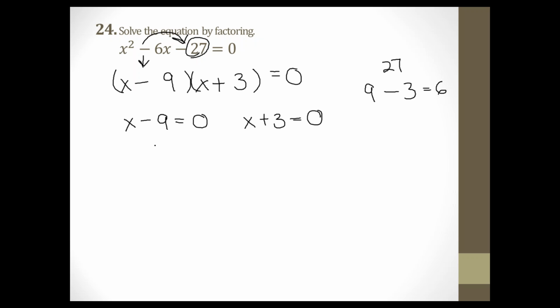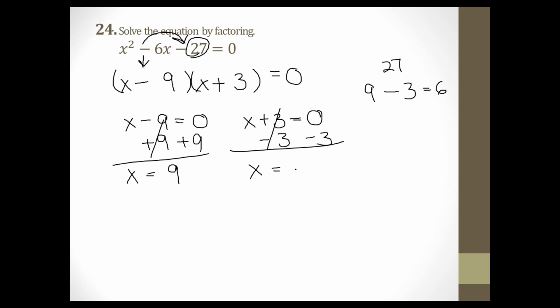Solving the left side, so adding 9 to both sides, that gives me x equal to 9, and then on the right side, subtracting 3 from both sides, and we get x is equal to negative 3.